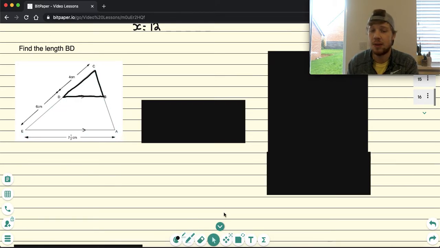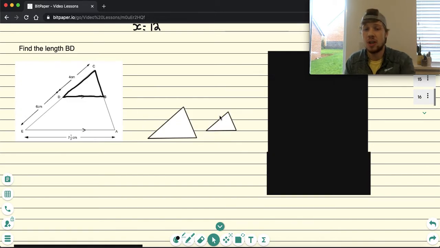So the easiest way to look at this is if we just draw out the two separate triangles. So this triangle here is ECA, and this second triangle is just this top one, which is DCB.